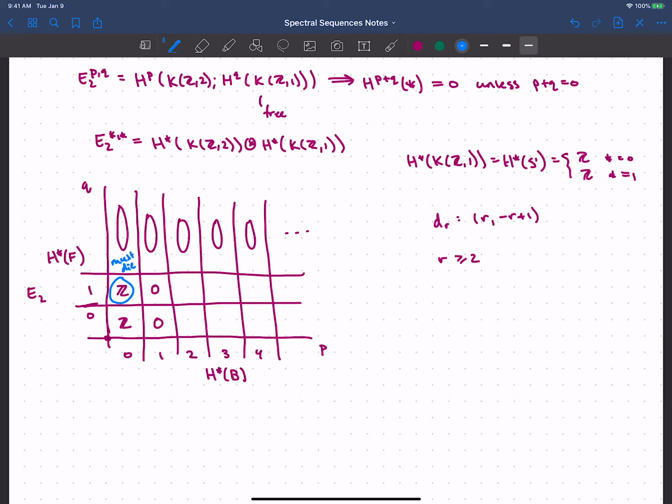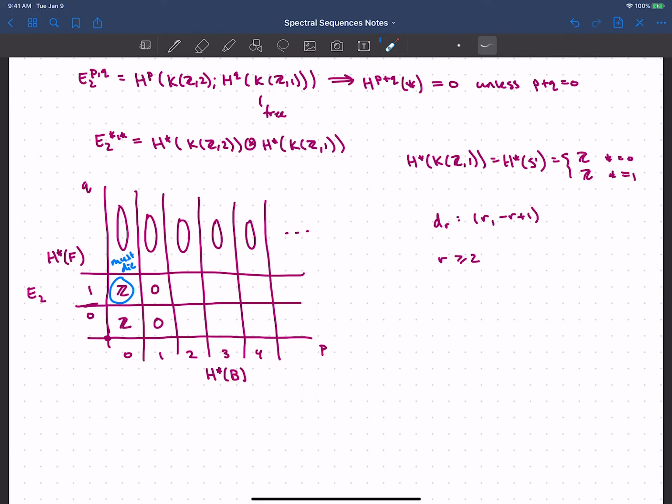But remember, we often play this game where we draw all the pages at once. So I'm drawing the groups that are on the E2 page, but maybe we'd have some higher differentials here too. Okay, I'll say more about that as we get there. But in this situation, I'm making a big deal out of nothing, because when I look at this copy of the integers, if it has to die, well, there are no differentials coming into it because this is all 0 over here, right? This is the first quadrant spectral sequence.